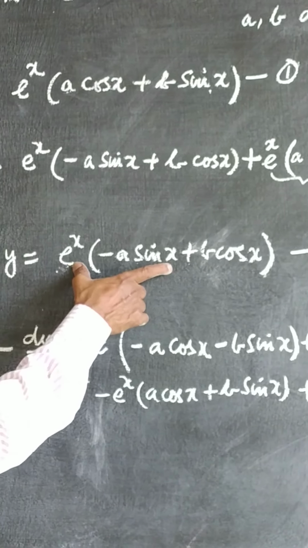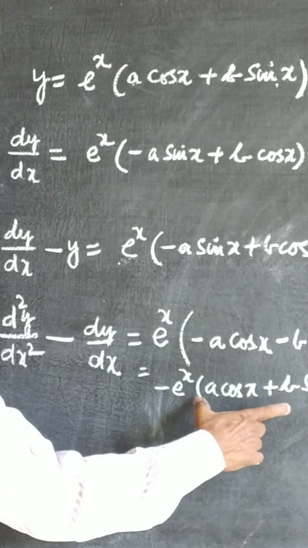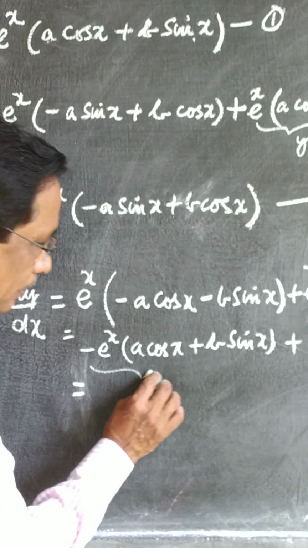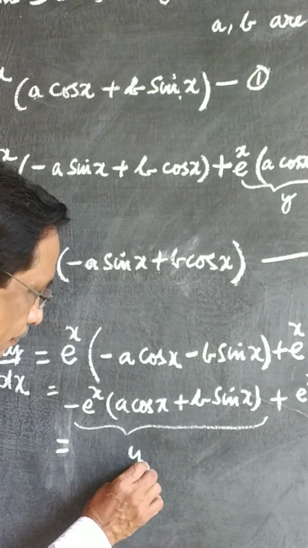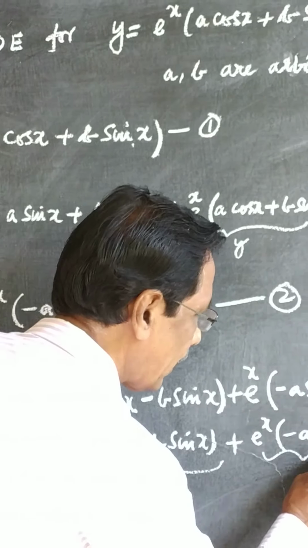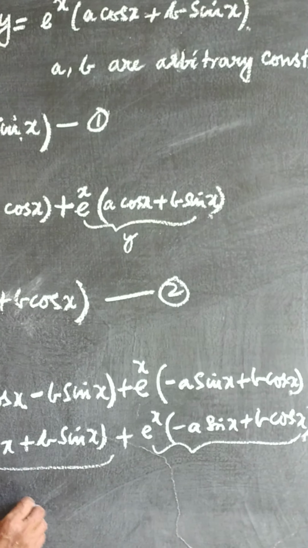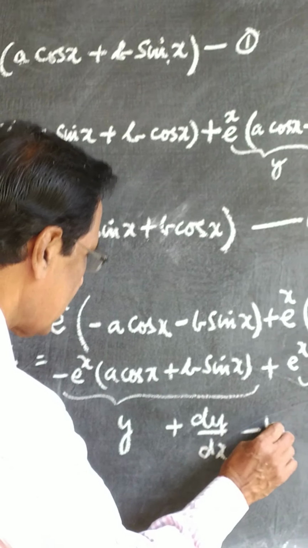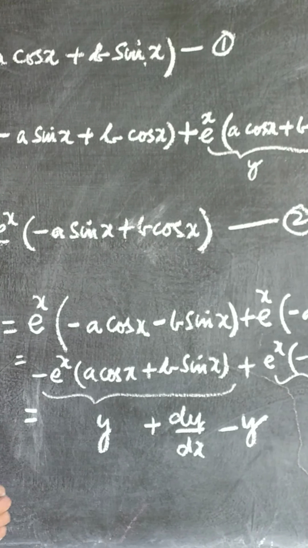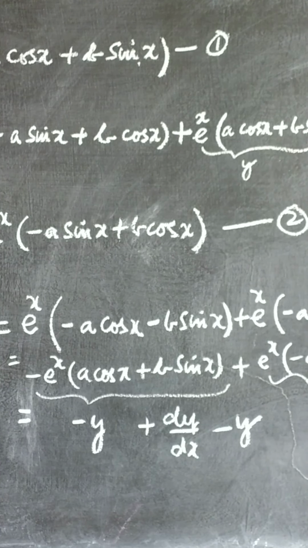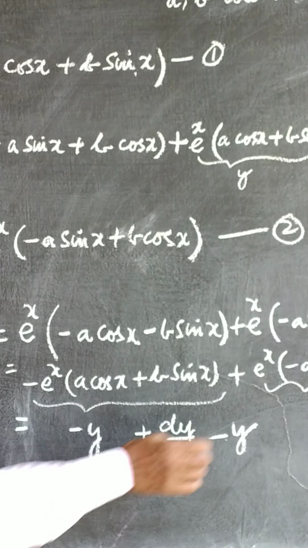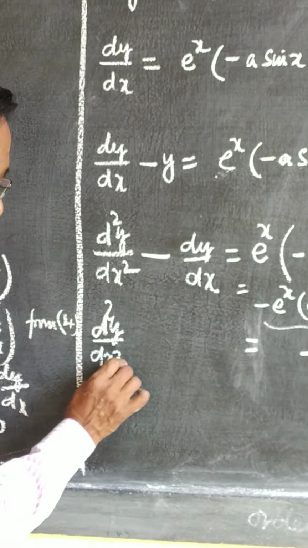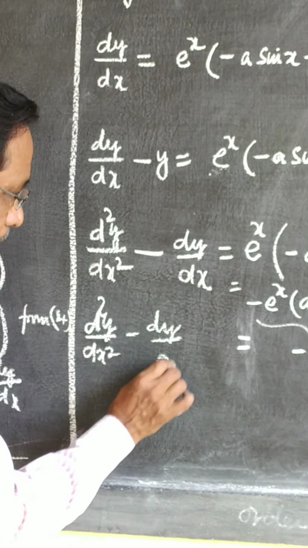For the first part you get minus y, and for the second part you get dy by dx minus y. Here already there is d square y by dx square minus dy by dx.